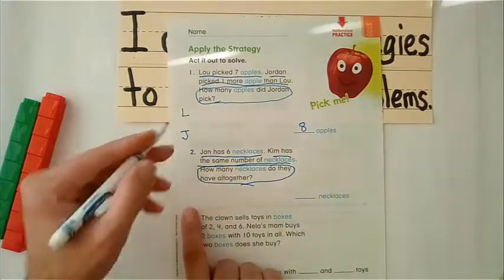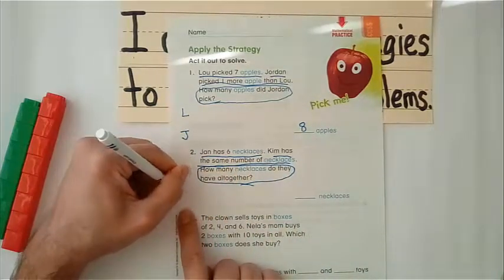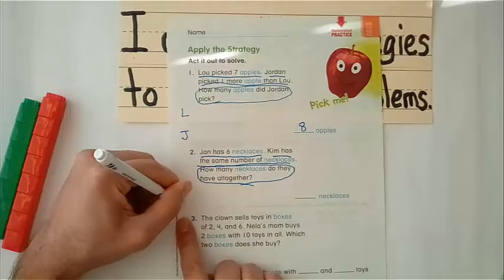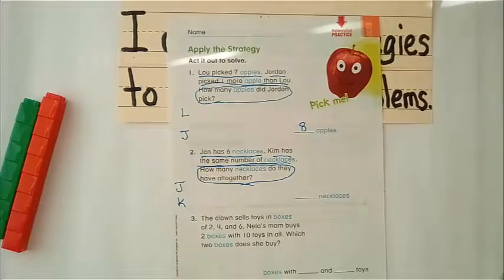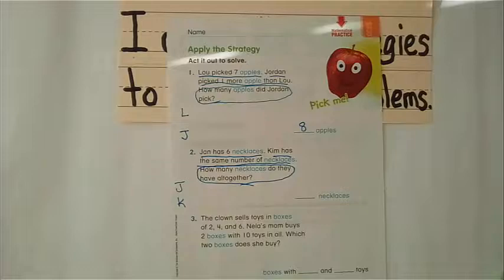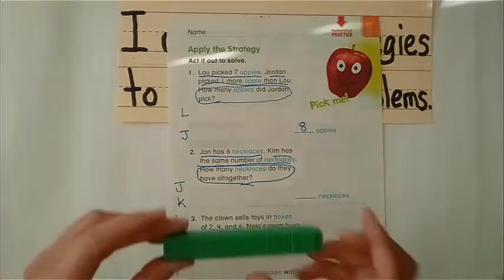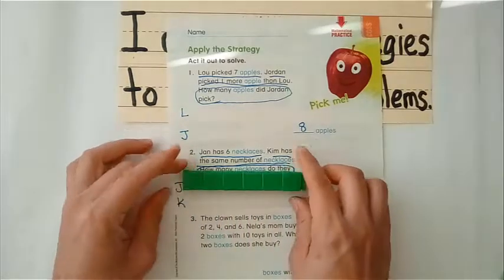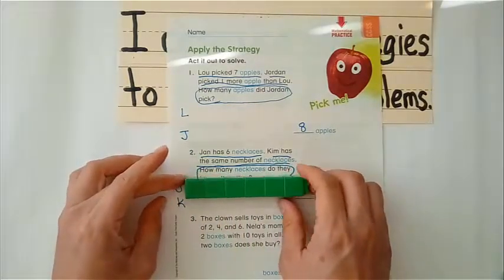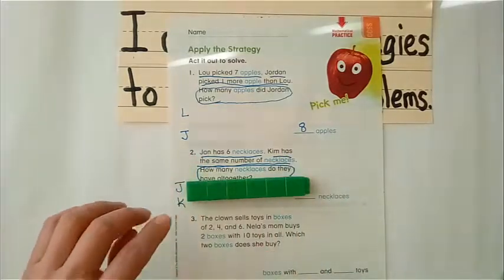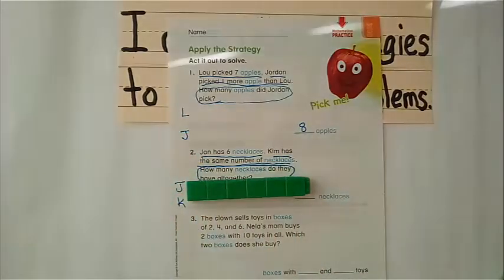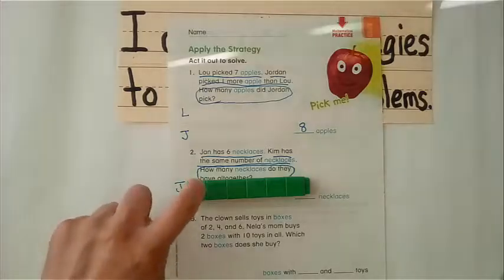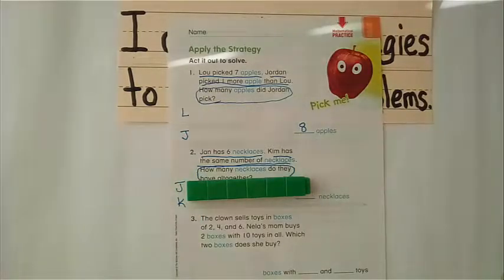So this is going to be for Jan. This one's going to be for Kim. How many does Jan have? Necklaces. That's right. Jan has 6. So let's put 6 blocks. 1, 2, 3, 4, 5, 6. That's how many Jan has. Now it says Kim has the same number of necklaces. So then what's the same as Jan?